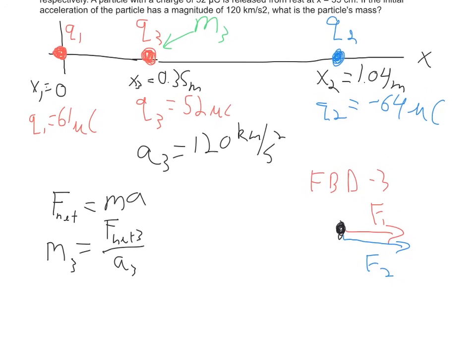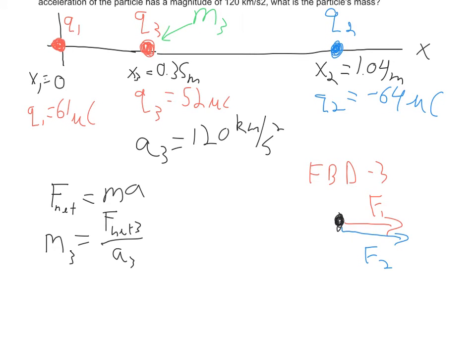Okay, so let's sketch out what that net force would be. Let's note up here the distances between our objects. This distance I'll call R1, and this distance here I'll call R2.